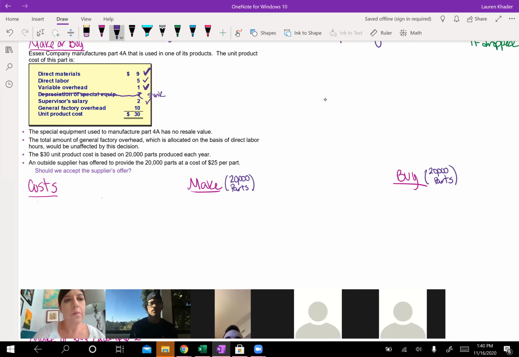Irrelevant. It is unaffected by this decision. The reason is because they're going to incur this cost regardless of whether they make the part in-house or buy it. So it's a shared cost, an allocated cost.